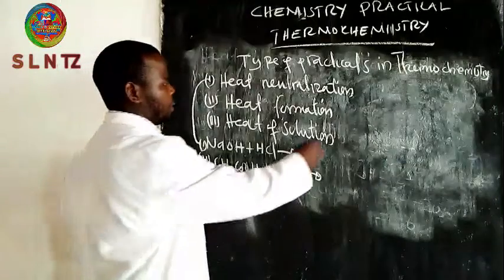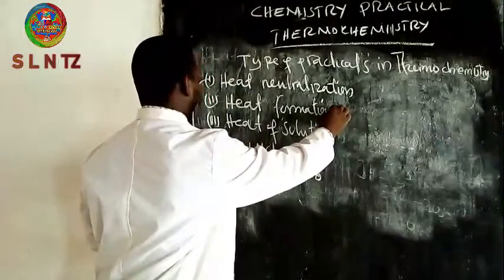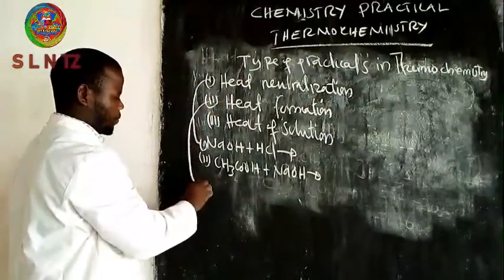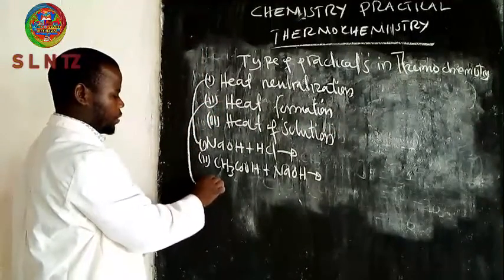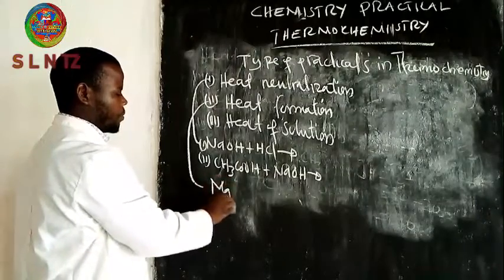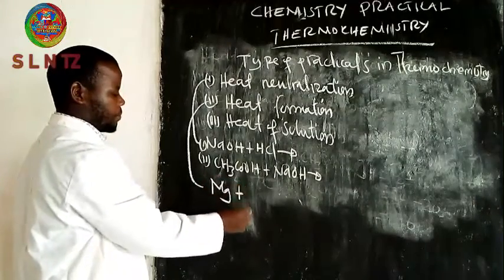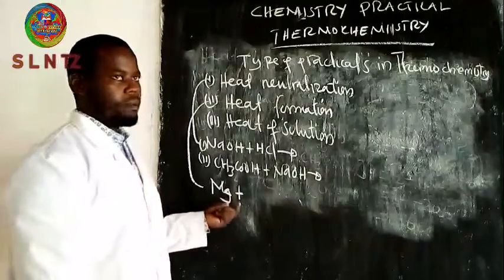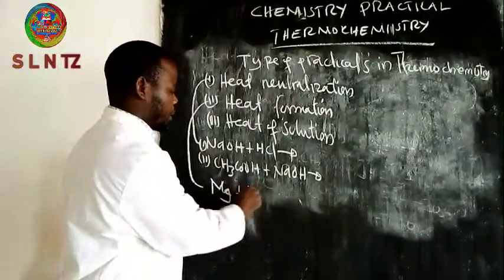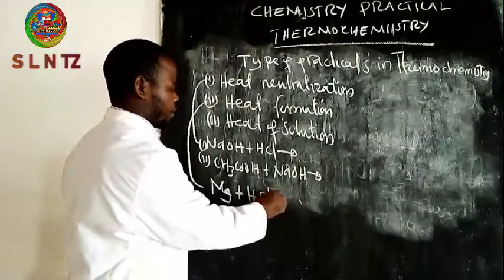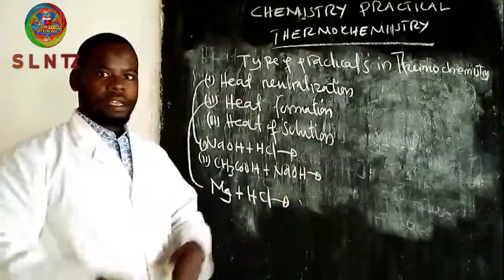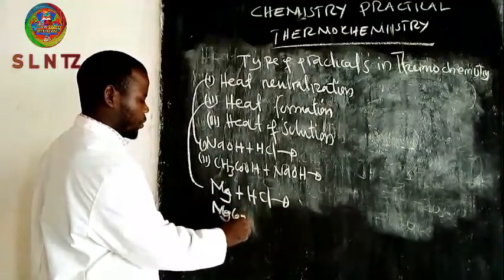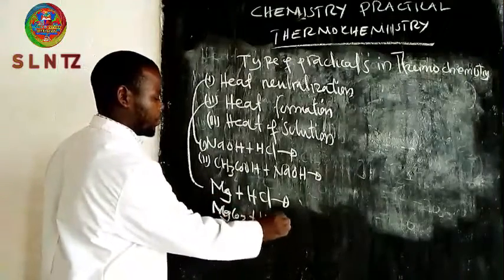For number 2, let's say there is magnesium metal and HCl, and there is magnesium carbonate and HCl.